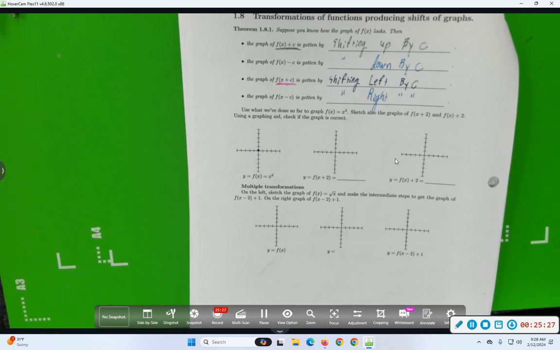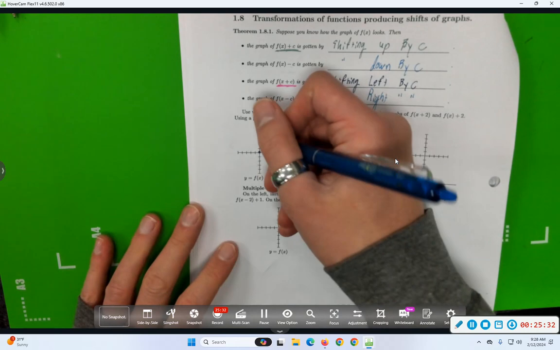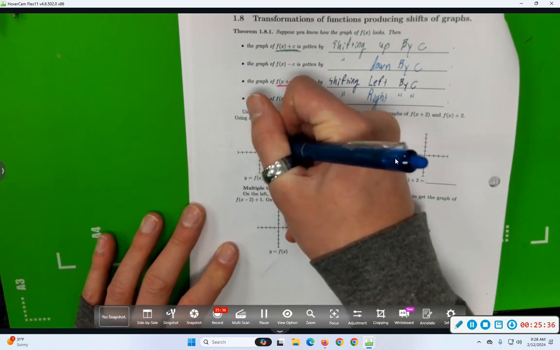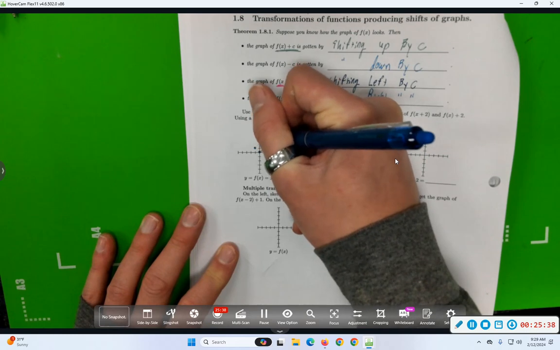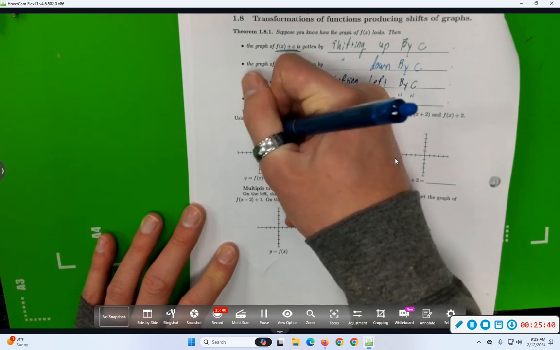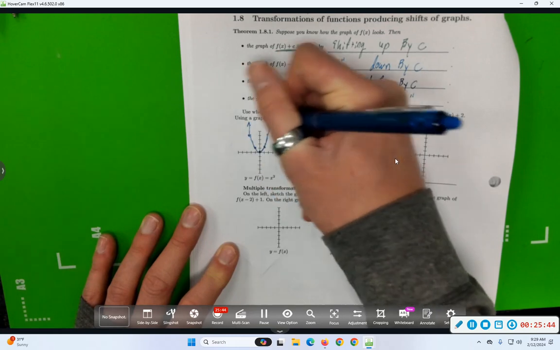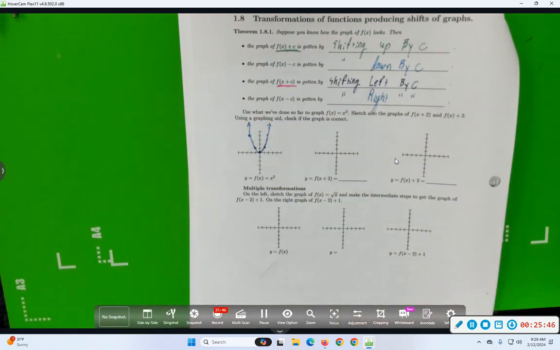Maybe you can track that it goes through the points 1, 1, and negative 1, 1. This is definitely not required for the particular exercise, but I'll make sure to get those points correct. Negative 2, 4. All right, so there's the graph of f of x equals x squared.